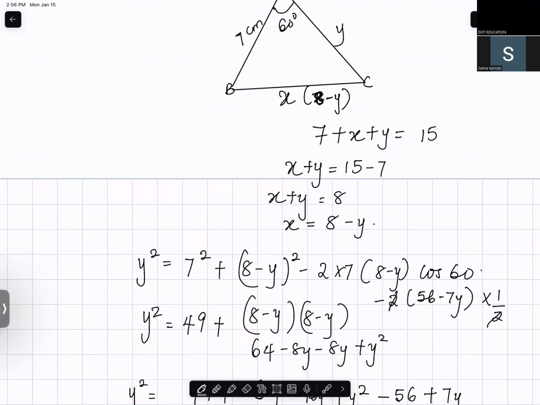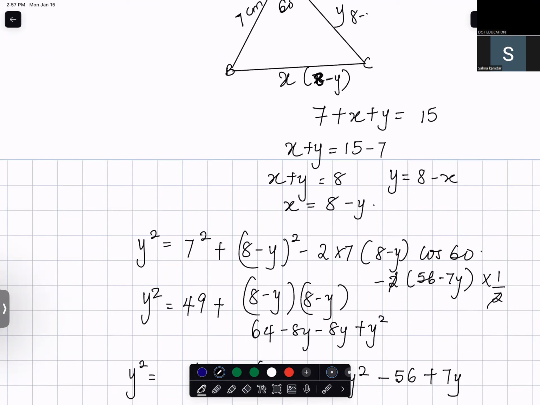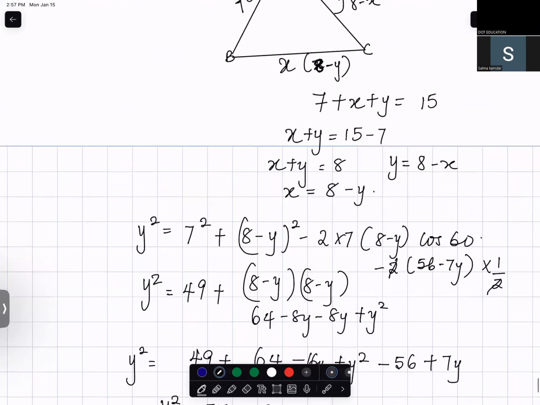Or, going back to what I did earlier, you can also make y the subject of the formula by making y equal to 8 minus x. So I could also put the values of 8 minus x here and leave it as x. It will still give me the same answer I got.